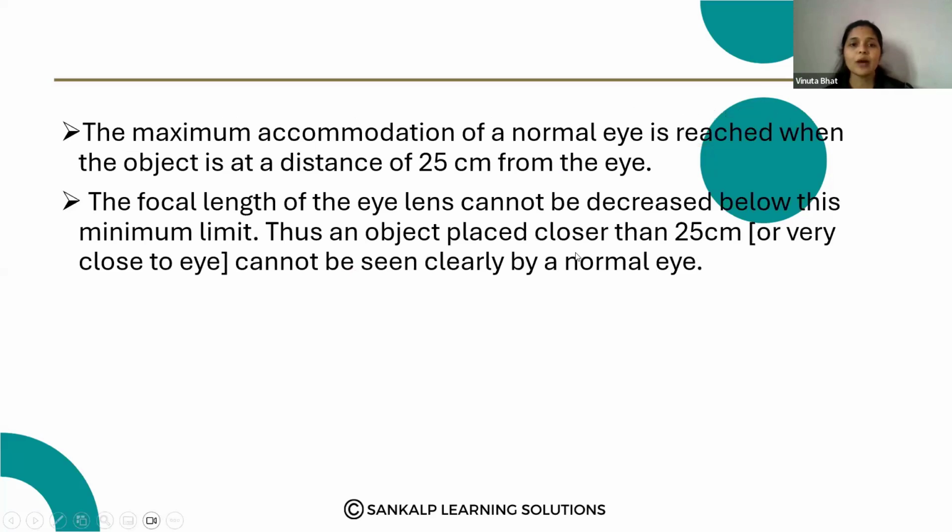Because the maximum accommodation of normal eye is reached when the object is at the distance of 25 centimeter from the eye, right? The focal length of eye lens cannot be decreased below this minimum limit. Thus an object placed closer than 25 centimeter cannot be seen clearly by a normal eye. So, that is the reason. Please note down this question.